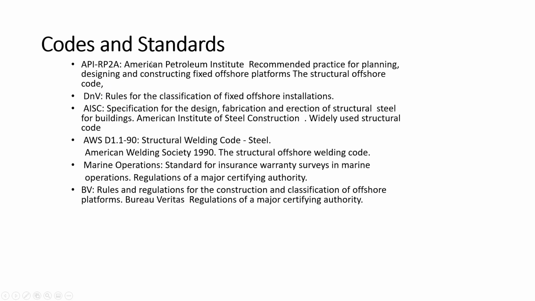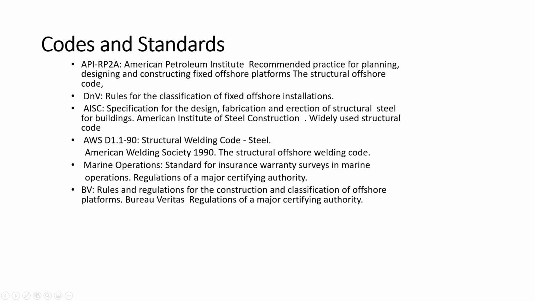Then codes and standards: we are following API RP2A, DNV and AISC. API RP2A is for jackets, tubular to tubular. AISC is for beam sections, or beam to tubular. Then AWS for welding.